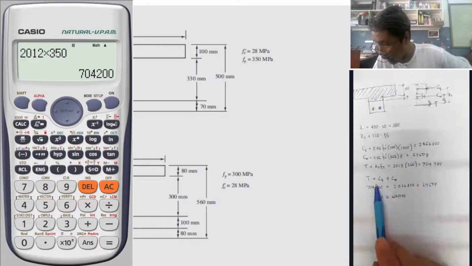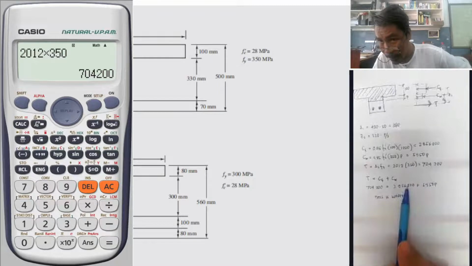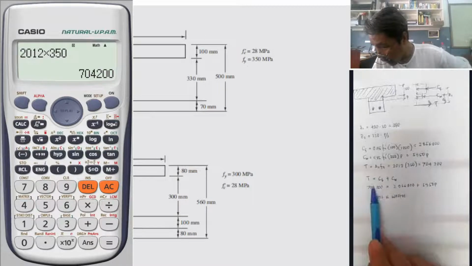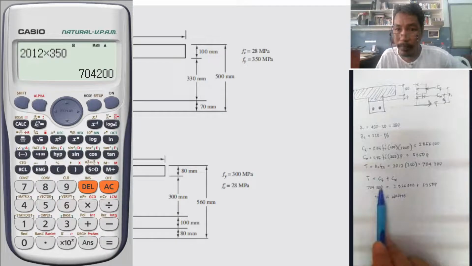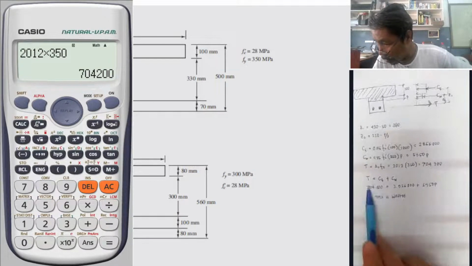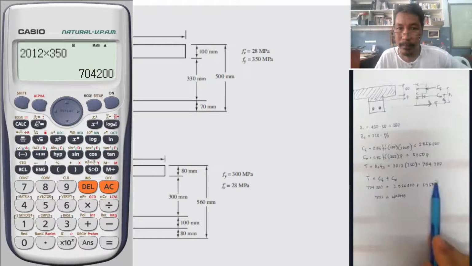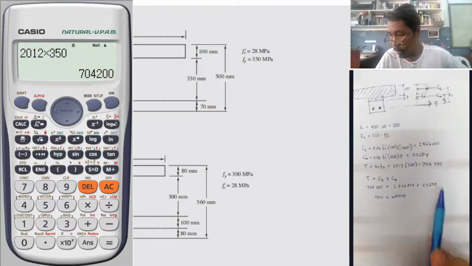If we find the value of P, this will transfer to the other side, which is greater than 704, and the answer would become negative. Take note, there is no negative value for P. So this assumption is wrong.